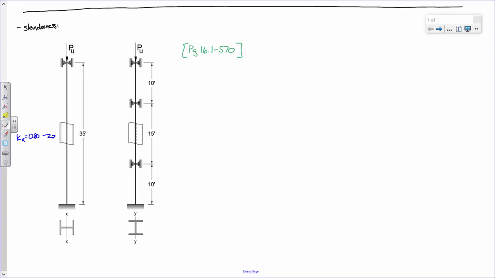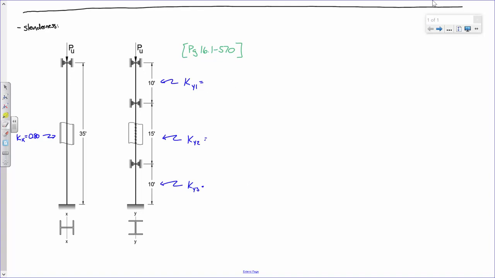Now, for the column over here on the right, I've got 3 segments. So what I'll do is I'll say this is KY1, this is KY2, and this is KY3. Let's start off with KY1.